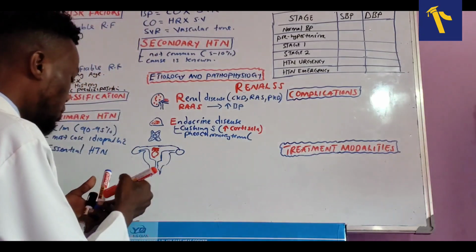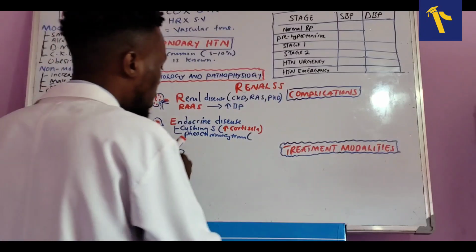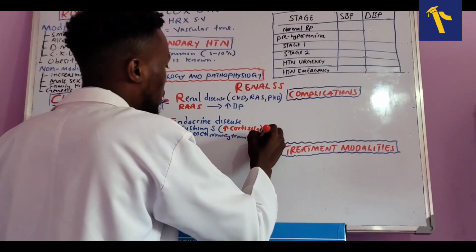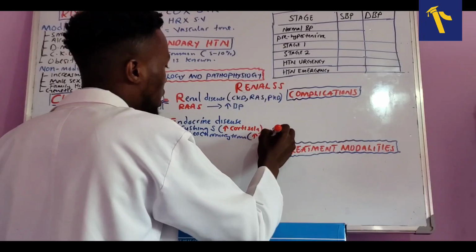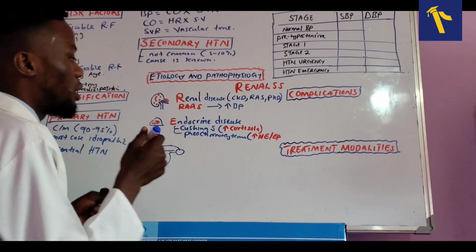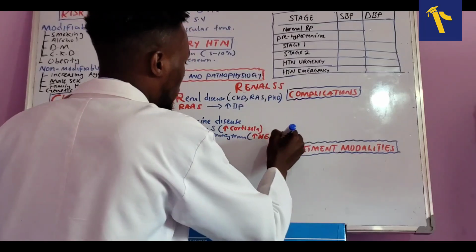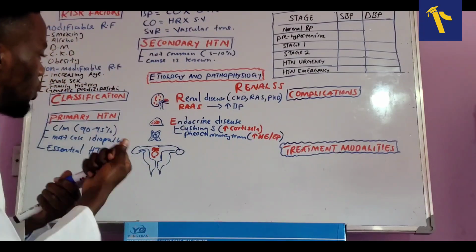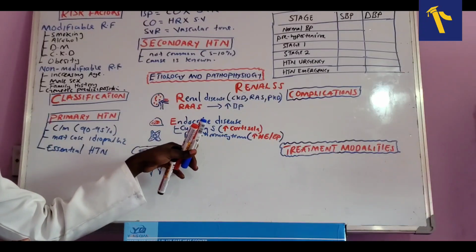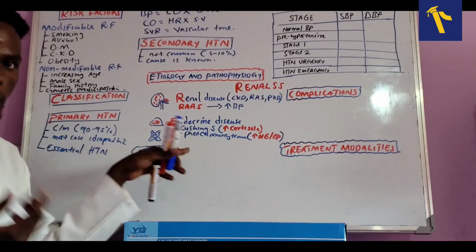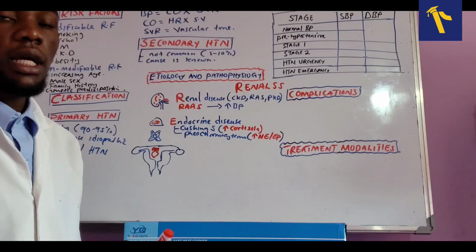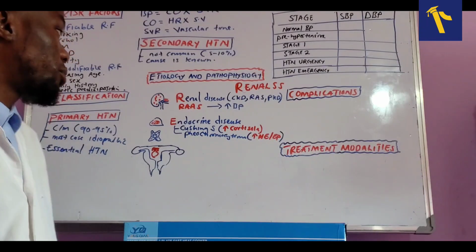So pheochromocytoma is characterized by just the production of what? Norepinephrine and epinephrine. That's about the adrenal gland. So Cushing syndrome and pheochromocytoma are the endocrine or adrenal gland causes of increased blood pressure.